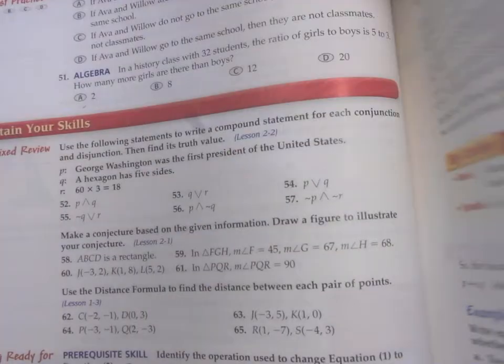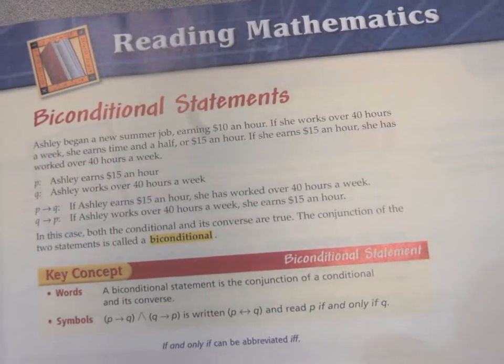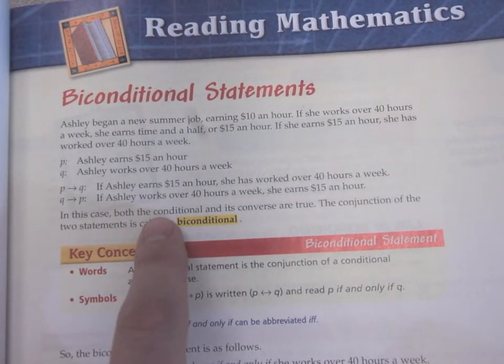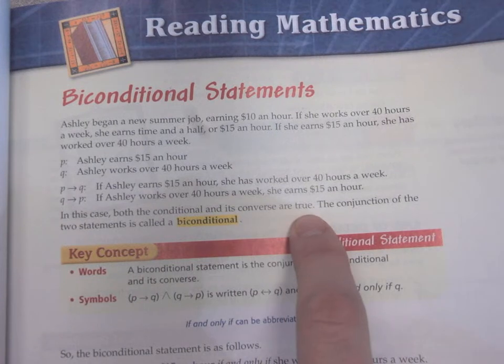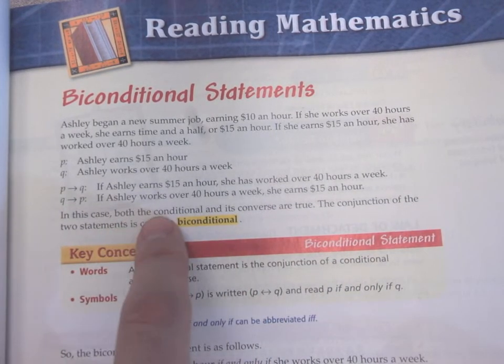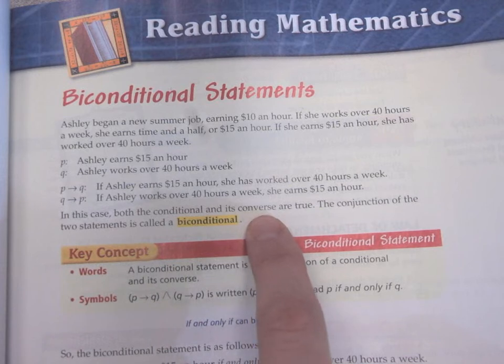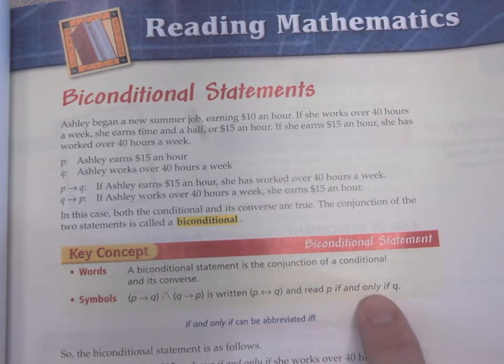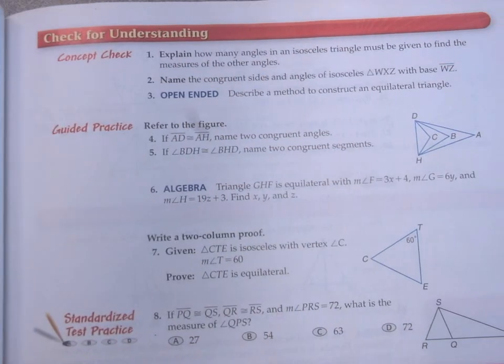You can go back to page 81, which talks about biconditional statements. So it says, both the conditional and the converse are true. The conjunction of two statements is called a biconditional. So when a conditional and its converse are true, you can write it as a single statement using these words if and only if. Okay?